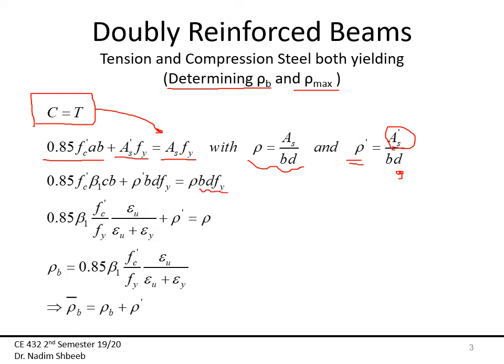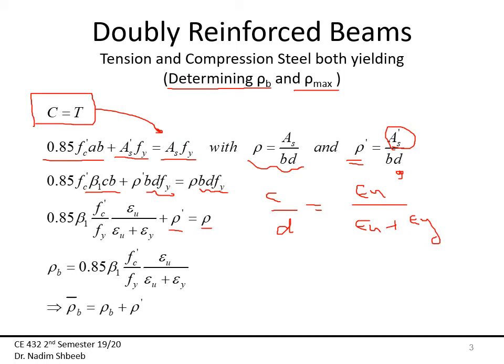Divide that by BD Fy, and the same goes over here. So this is going to now be rho, and this is going to be rho prime, and then C over D is going to be epsilon ultimate over epsilon ultimate plus epsilon y.